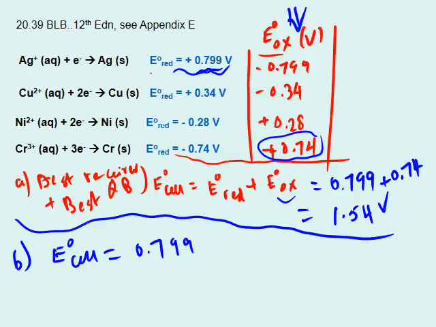When you sum these two numbers, the anode and cathode values, the result has to be positive, because the question is asking for the smallest positive EMF. So minus 0.34 gives plus 0.459, and that's about plus 0.46 volts.